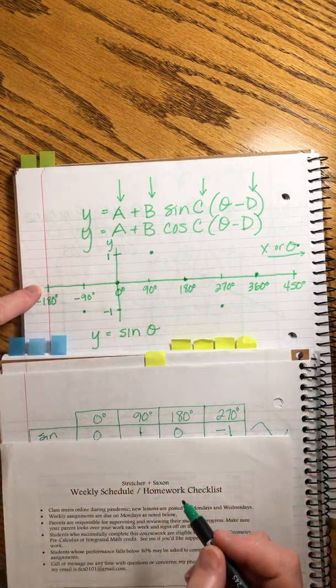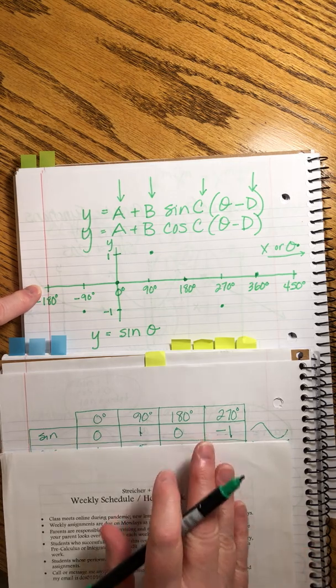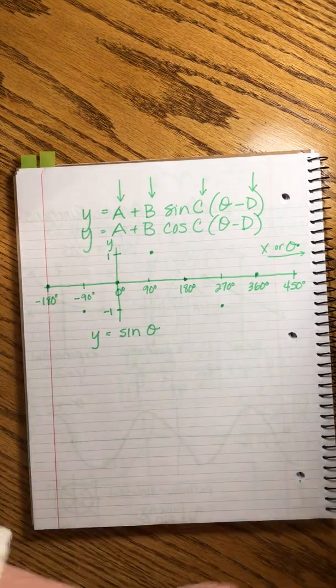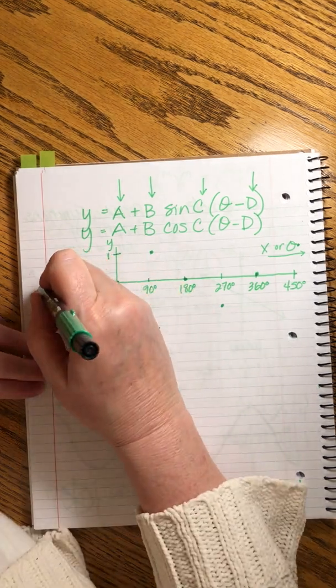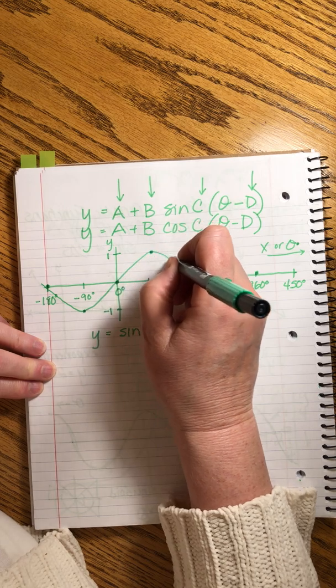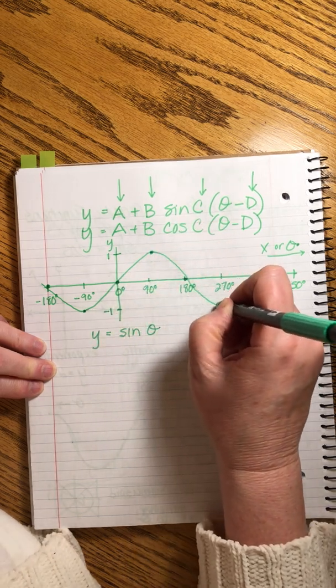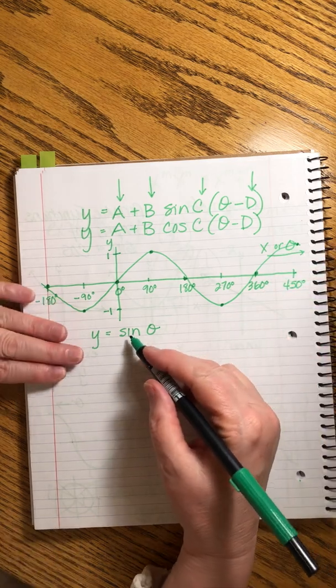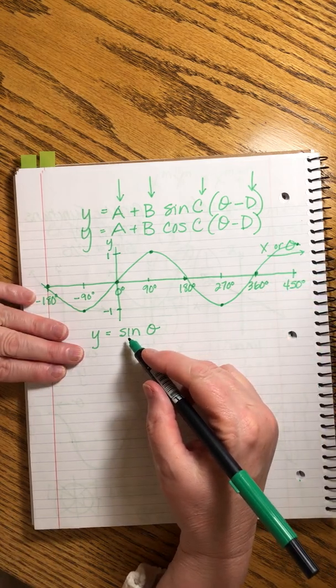And then at 180, that would be the same as +180. I'm back at 0. Okay, so when we connect these to make a smoothly flowing sinusoid, what we have is a beautiful and perfect sine function.